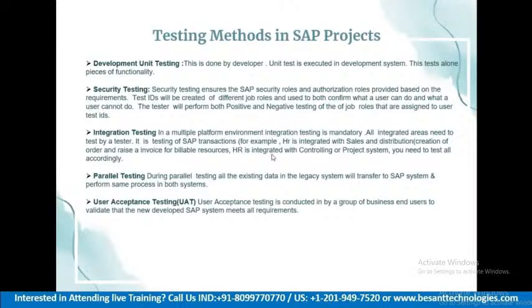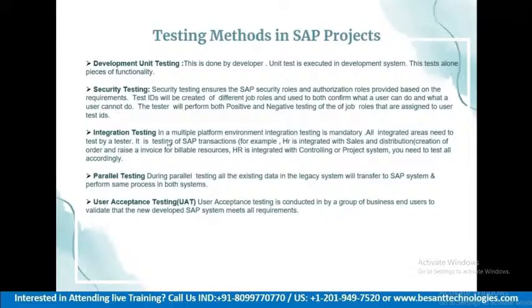And then integration testing, if there is any integration with SAP and external systems, or SAP to MM, MM to SD, MM to PP, MM to HR, or any other existing module, or any external system from SAP to Oracle, then there will be integration testing. So we will have to test with multiple environments.